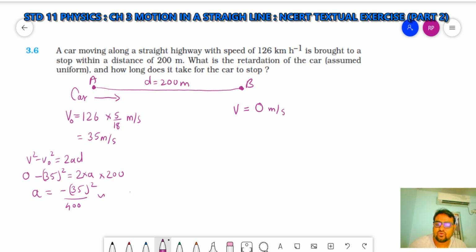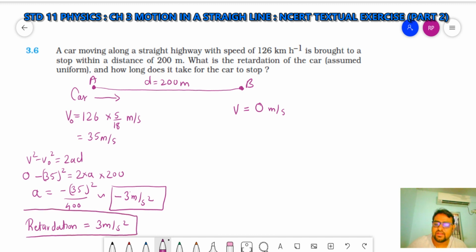This is acceleration, and it is negative because the velocity is decreasing. So retardation is equal to 3 meter per second square. Remember, when I'm writing retardation, I will not use a negative sign, because when I'm using acceleration, I use the negative sign, which means it is decreasing. That means retardation is 3 meter per second square.